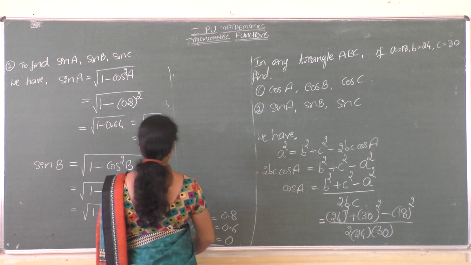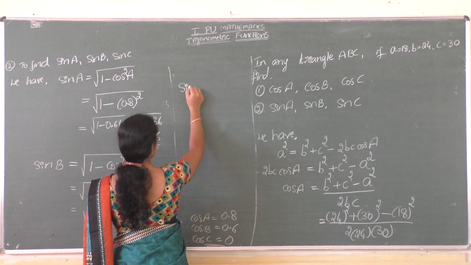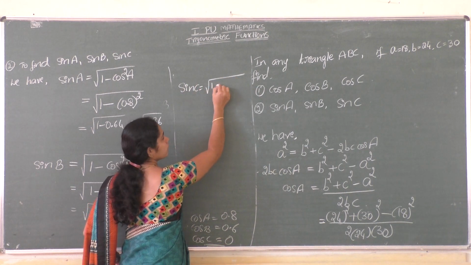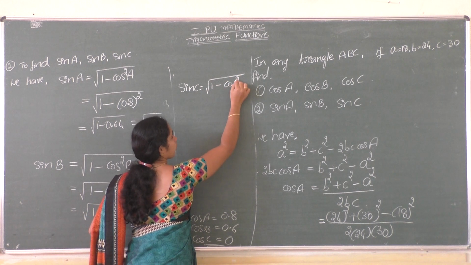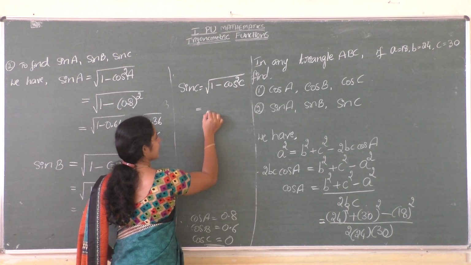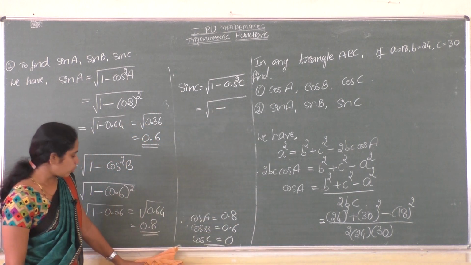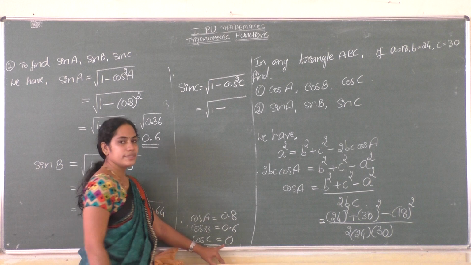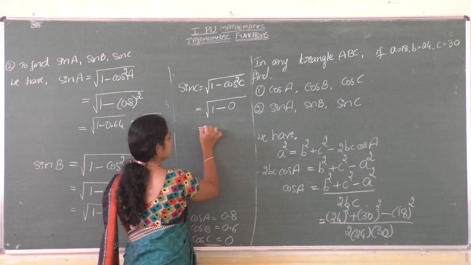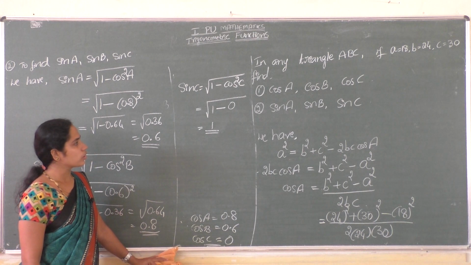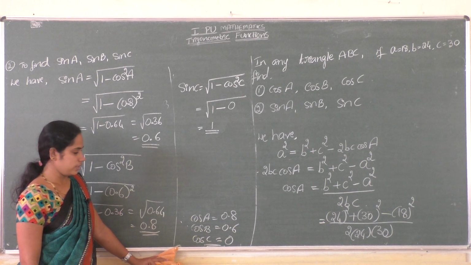Now one more, sin C. What is the formula for sin C? Root of 1 minus cos square C. What is cos C? It is 0, so 1 minus 0 is 1, and root of 1 is 1.